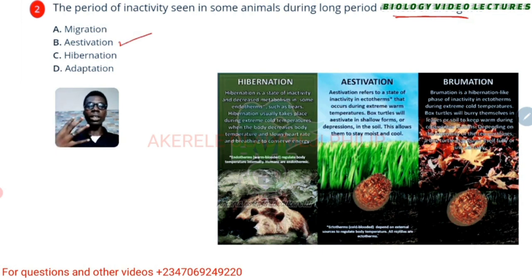Their own temperature is basically dependent on the environment. And there's another one called brumation, and this brumation is actually a kind of hibernation too. All right, that's the one around here. You might want to pause the video to see all of these, but I think I've already said most of the things there. All right.